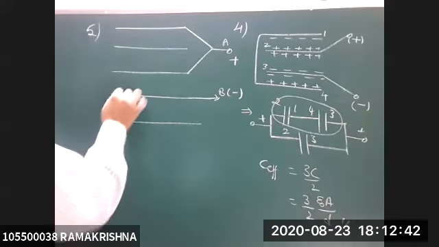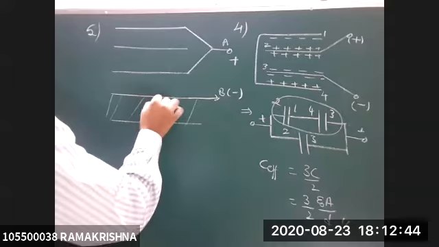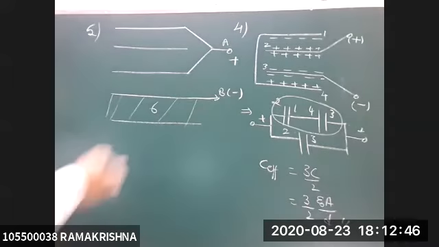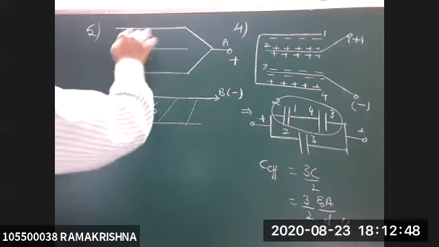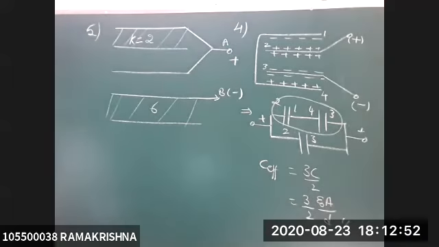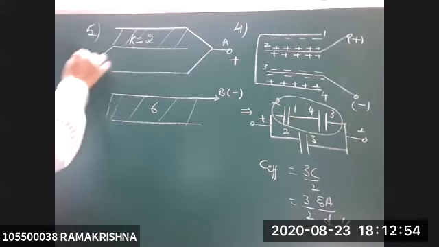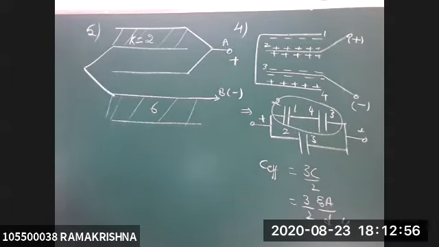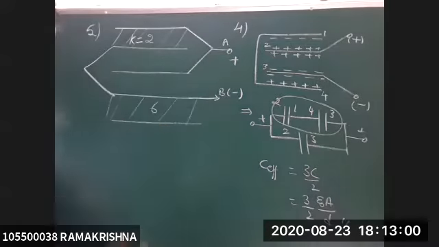The space between these two is filled with a medium of dielectric constant 6. And the space between the first two plates is filled with a medium of dielectric constant 2. The second and fourth plates are joined, right? And all are equally spaced.